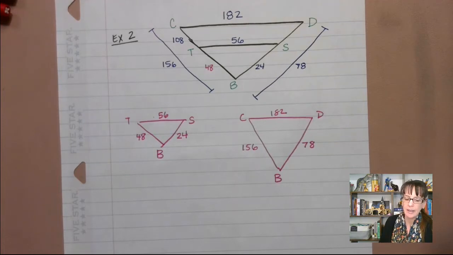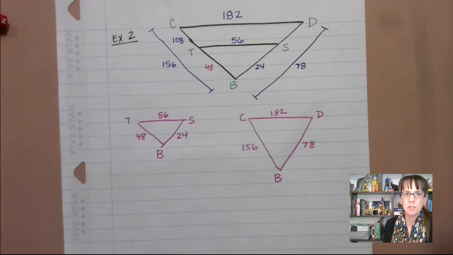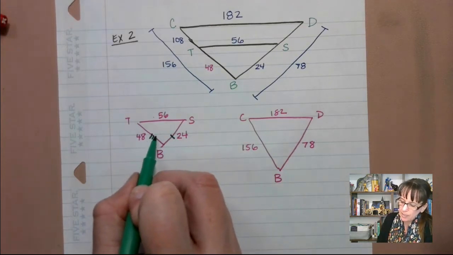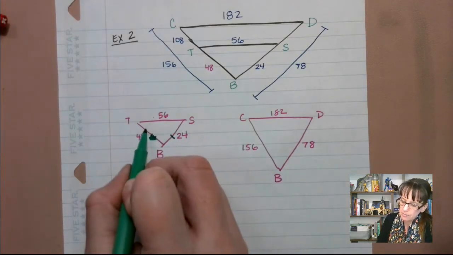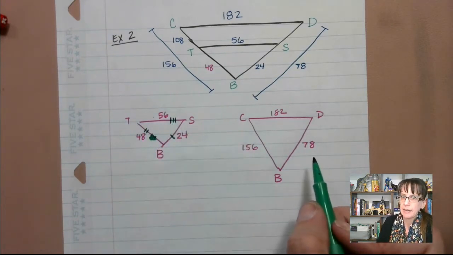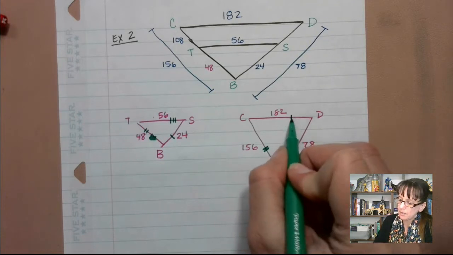Again, I think it's helpful to mark which corresponds with which, and I'm using those dashes, but I don't mean them as congruent. So this is my small, this is my medium, this is my large. For this one, we have small, medium, and large.